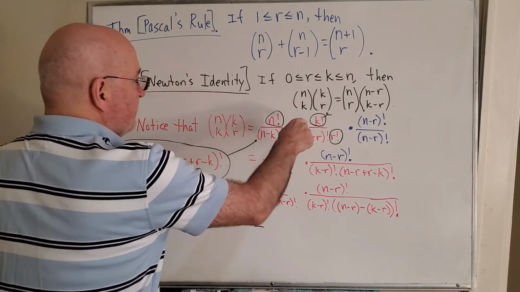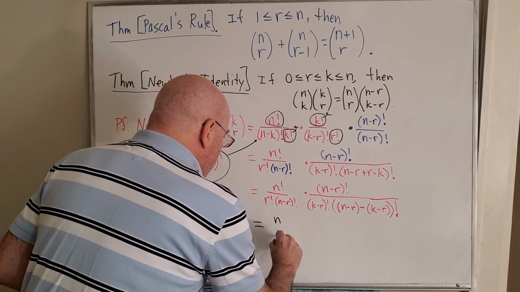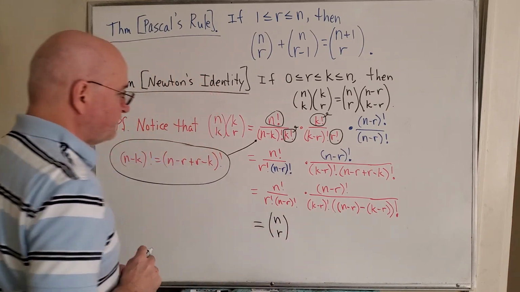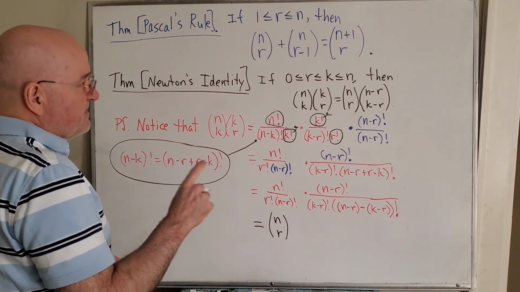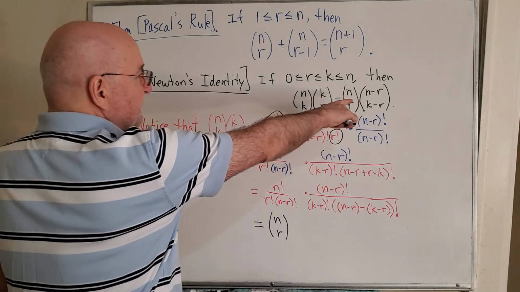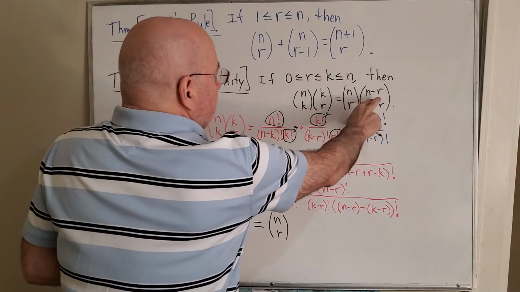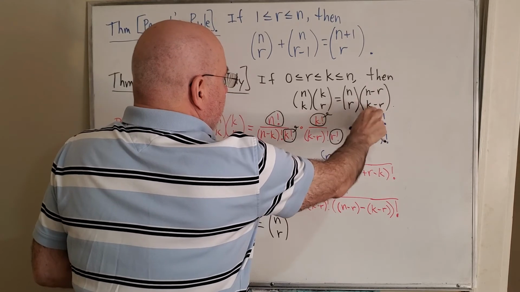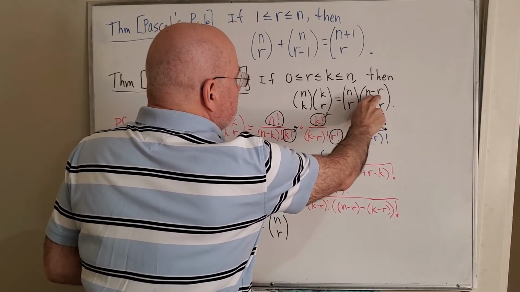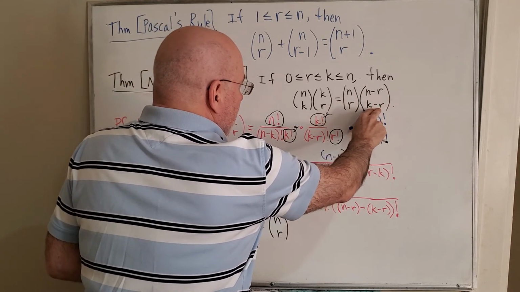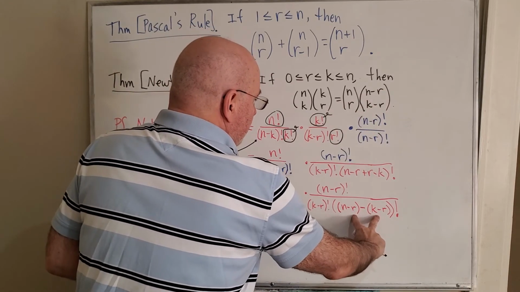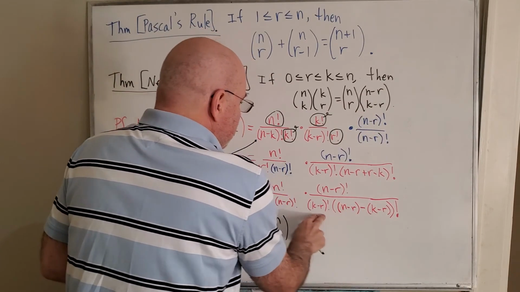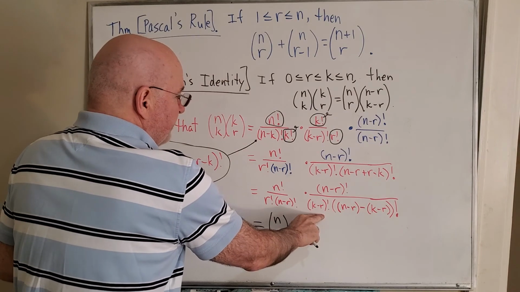This is simply n choose r by the definition. And now this one's a little tougher, but actually look at it from this standpoint. It'd be n minus r factorial on top. And on the bottom, you should have an (n minus r) minus (k minus r) in parentheses factorial times k minus r factorial.